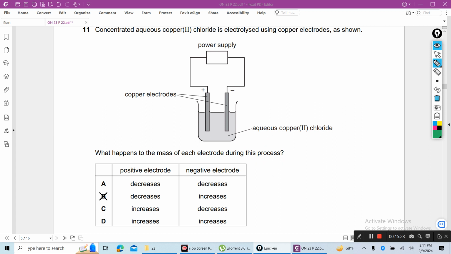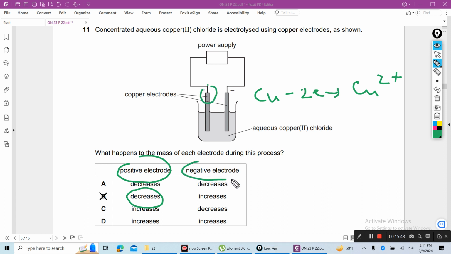The positive electrode loses electrons, so its mass will decrease. The copper positive electrode loses electrons to form copper ions. So the copper positive electrode dissolves, that's why its mass decreases, and at the negative electrode, the copper ions deposit here, so the cathode becomes thicker.